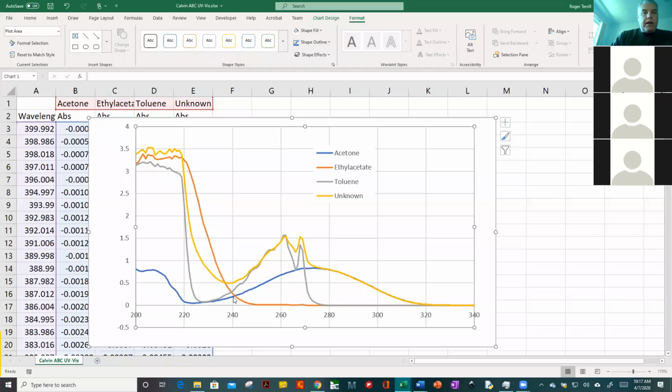There are wavelengths where these guys cross, right? But what we want to do is determine for this golden colored spectrum, this is the mixture, how much acetone is in that mixture.